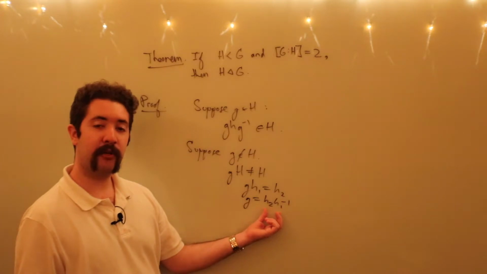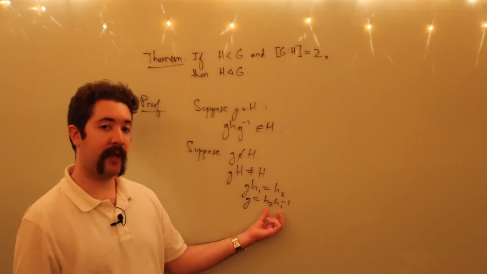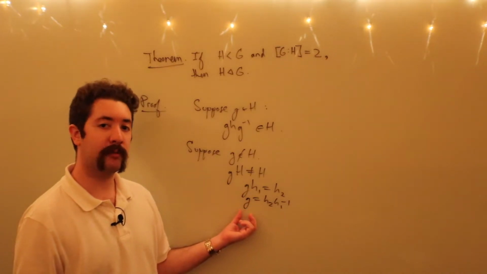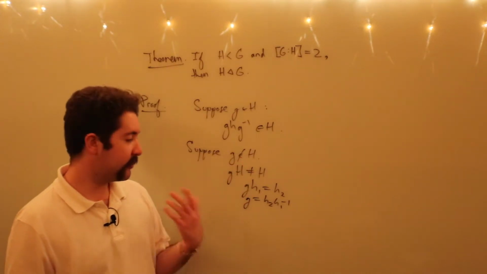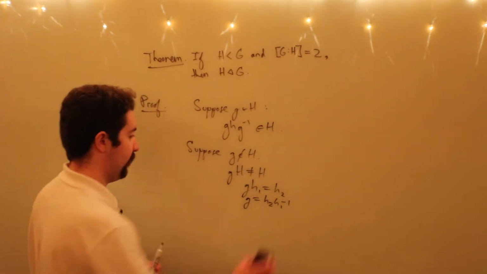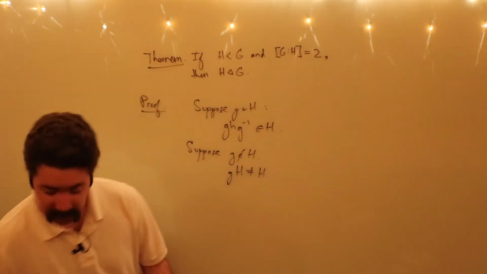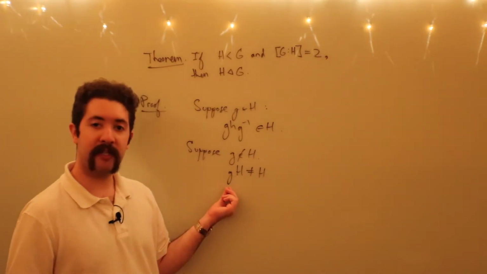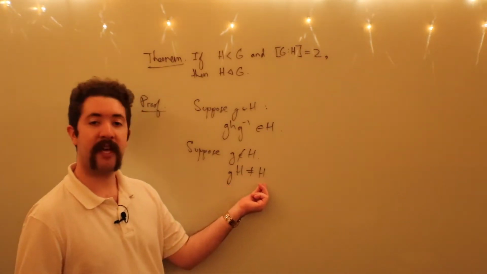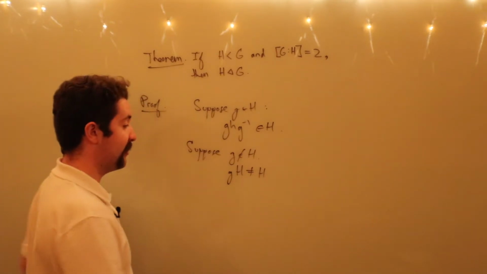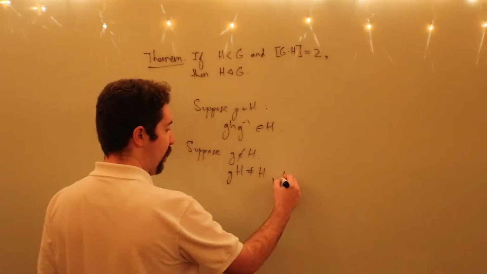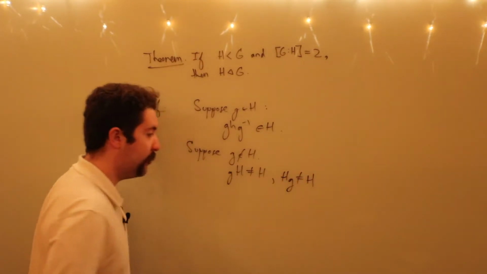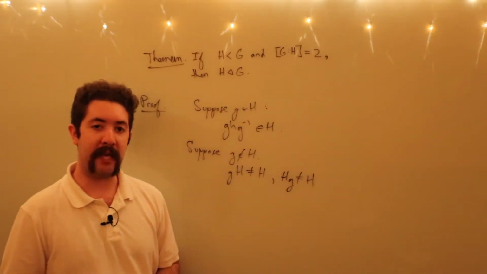Now since h2 and h1 are both in the subgroup H, and it is closed, then g on the other side of the equal sign must also be in H. But we assumed it's not, so this can't happen. So this means that the left coset of H in the group by this element, g, is not equal to H. The same can be said of the right coset of H in G by little g. It is not going to be equal to the subgroup H.